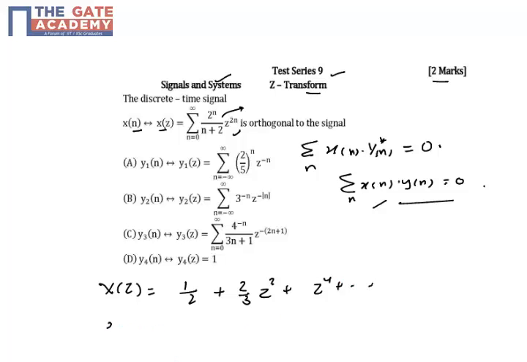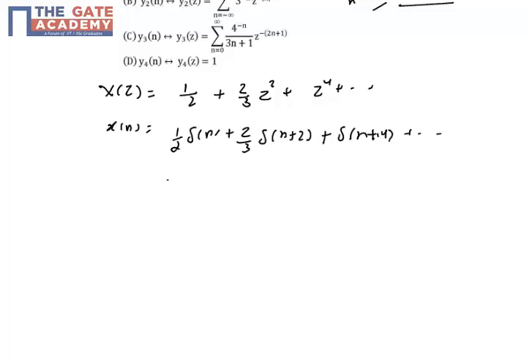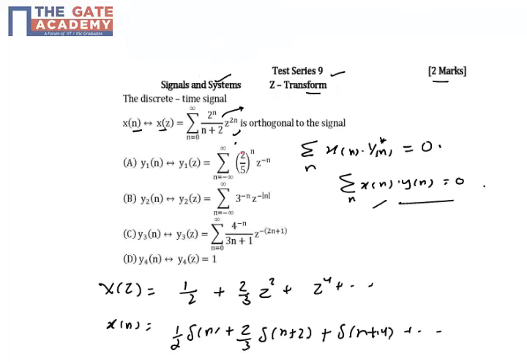If I take the inverse of it, it will be half delta[n] plus 2 by 3 delta[n plus 2], then plus delta[n plus 4]. Okay, and in each and every even value of n, we can see that we are getting our sequence. So now we can examine any value of y[n].